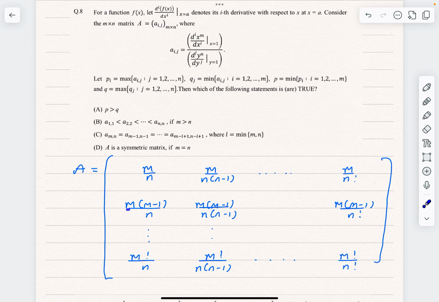So you get m into m minus 1 by n, and in the first column the denominator will be same and the numerator will keep on increasing, last will be m factorial. Same here, numerator differentiate 2 times, denominator n times. Here numerator n times, denominator 2 times, and last differentiate m times, n times. So this is your matrix A.